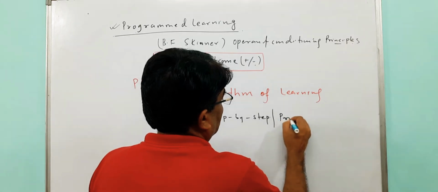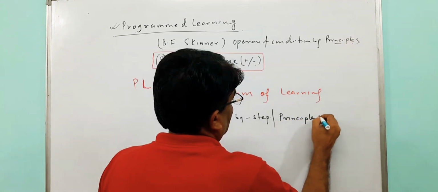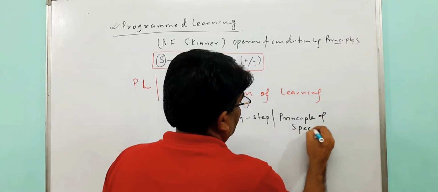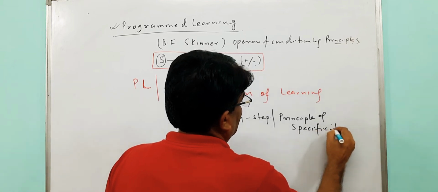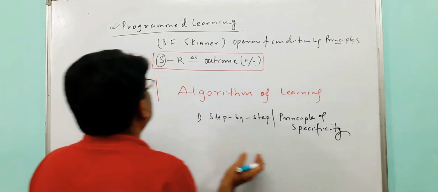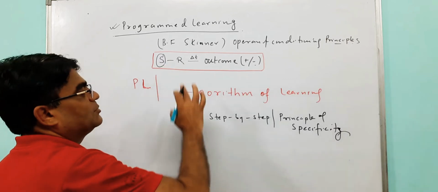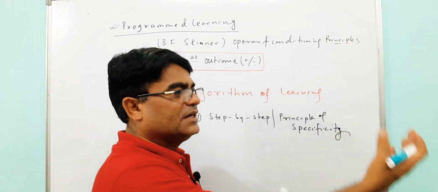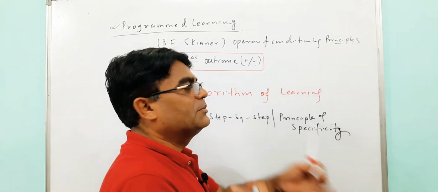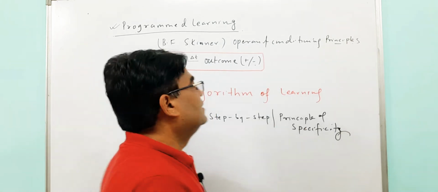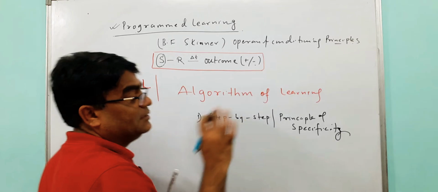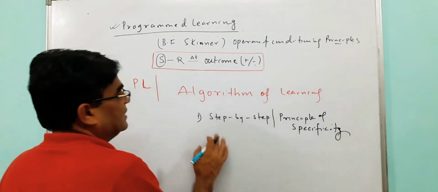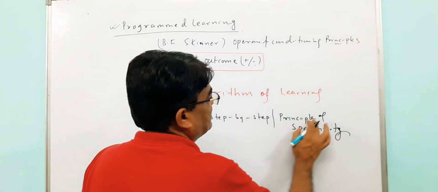It is based on the principle of specificity. What is this? This is a stimulus. Suppose red, green, blue, everything is present, then you may get confused about what the appropriate response in a traffic light should be. But if it is very specific, green, then you know. So the step by step principle is specificity.